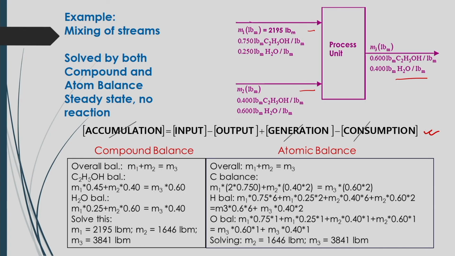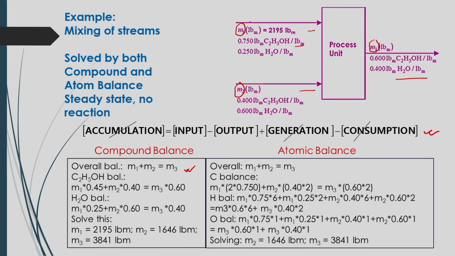So, according to the material balance, compound balance can be written. First of all, you have to write the overall balance. Now, overall balance is here, this is streams M1 plus M2, that will be equal to M3. So, this is your overall material balance. Now, compound balance, if we consider ethanol C2H5OH, that is ethanol composition.